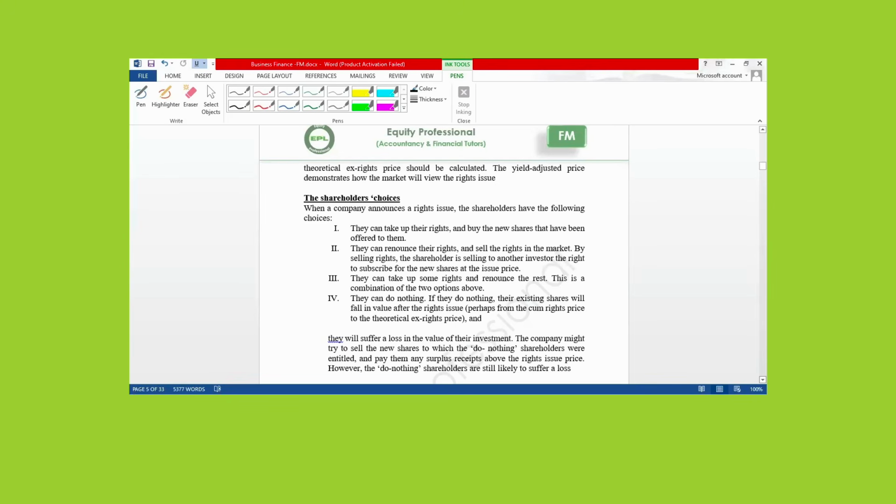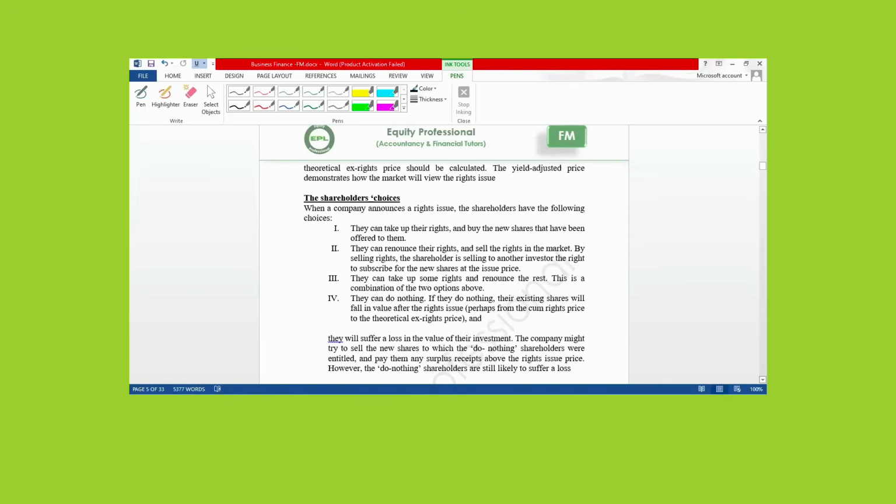Option 2, shareholders can decide to renounce the rights and sell the rights in the stock market. Remember, it's a right, not an obligation.